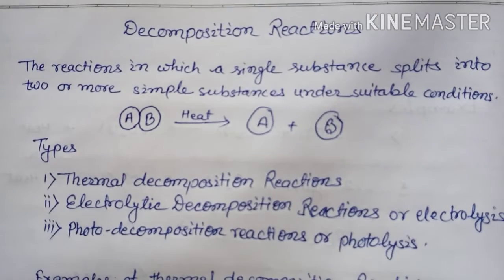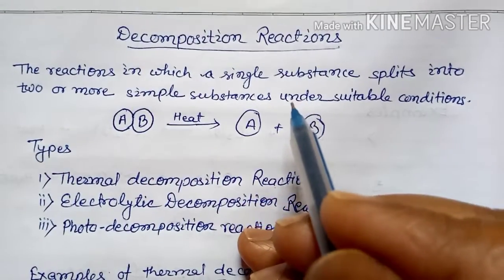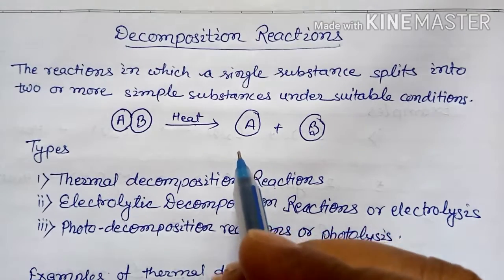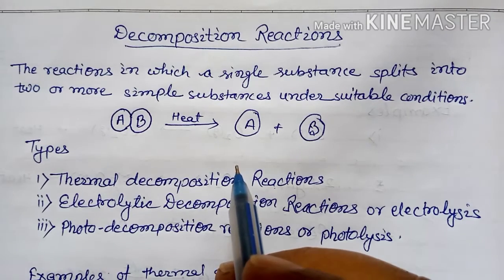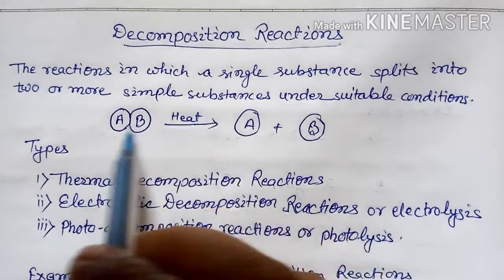Now we'll discuss decomposition reactions. Decomposition reaction is the opposite of the combination reaction. In combination, a single substance is formed as a result of chemical combination, while in decomposition it breaks into new substances.